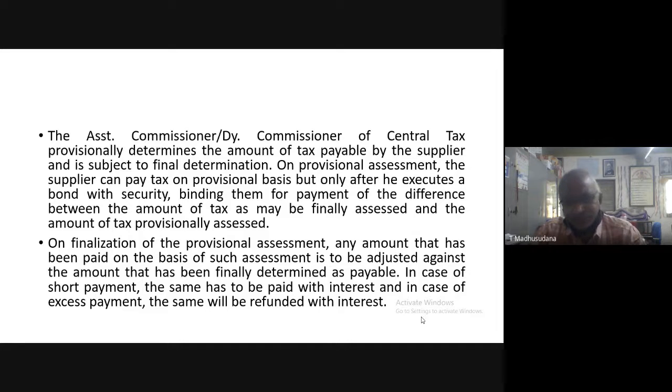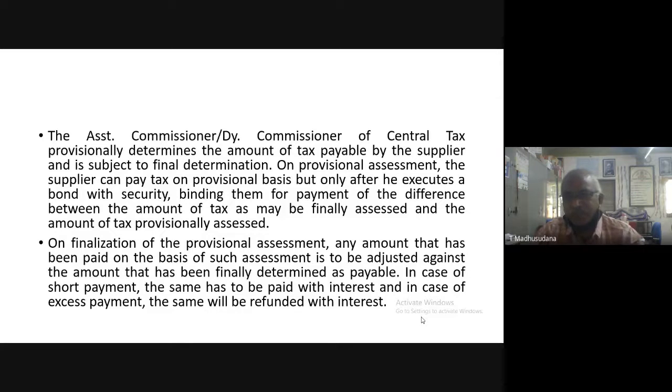So in case of provisional assessment, the assistant commissioner or deputy commissioner of central tax will decide provisionally the amount of tax payable by the supplier, subject to final determination.